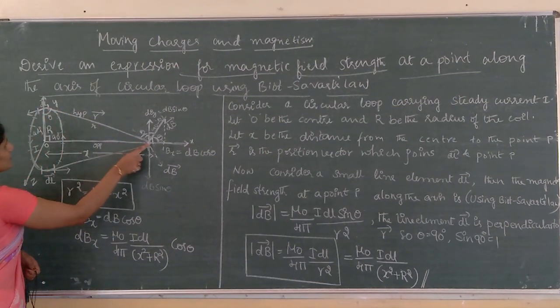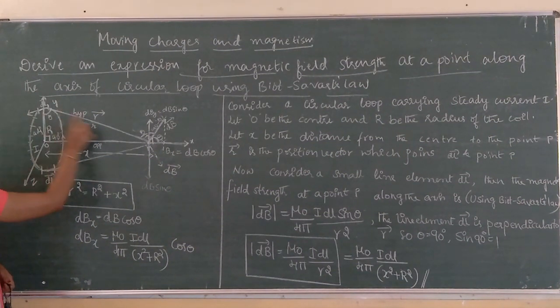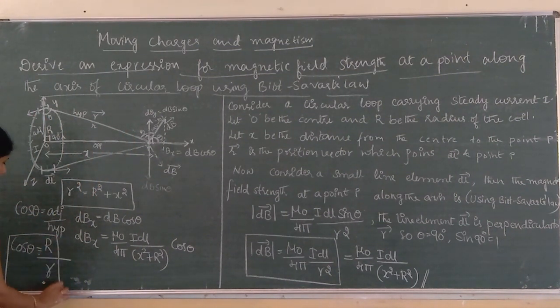So, from this right angle triangle, what is cos theta? Cos theta is equal to adjacent by hypotenuse. Adjacent side is R, divided by hypotenuse r. So, cos theta is equal to R divided by r.